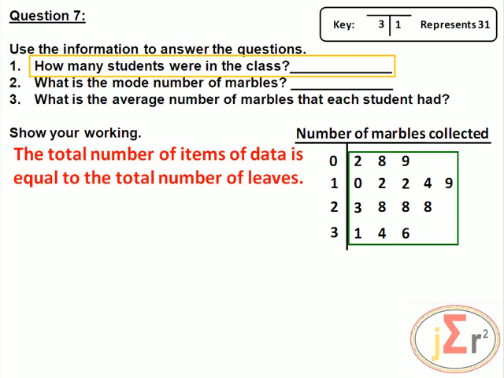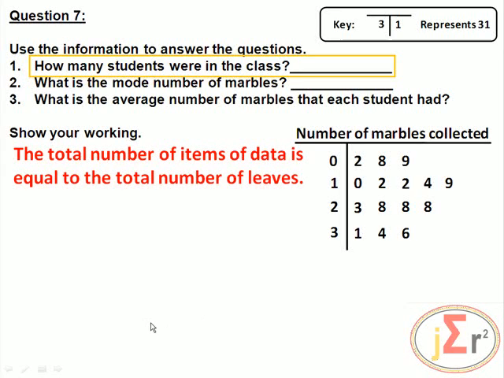How many students were in the class? The total number of items of data is equal to the total number of leaves. So if we need to know the number of students in the class, we just take a look at the number of leaves that we have there.